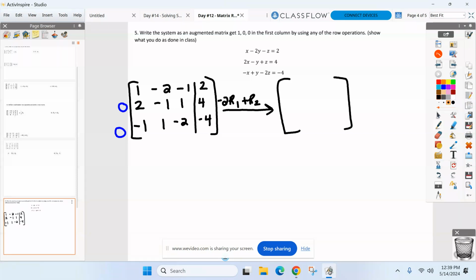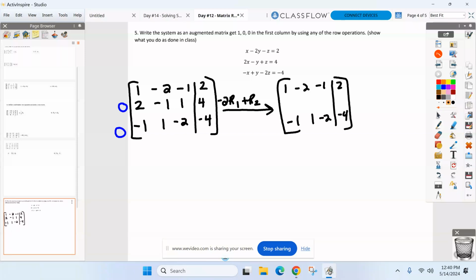Is row 1 changing? No. Is row 3 changing? No. The only row that should be changing, according to what we did the last 2 class days, is row 2, using this rule.